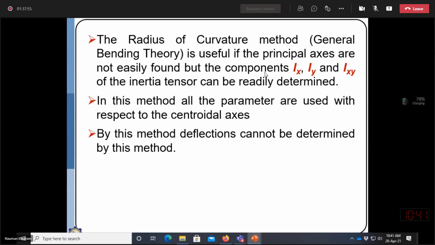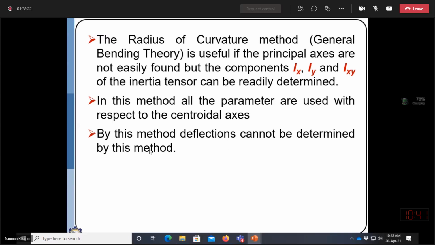So we do not need to resolve the loading or transfer geometrical properties from the centroidal axis to the principal axis. It means we do not need to determine the orientation of the principal axis, and we can directly use the properties given with reference to the centroidal axis. But the limitation is that we cannot determine deflection by this method.